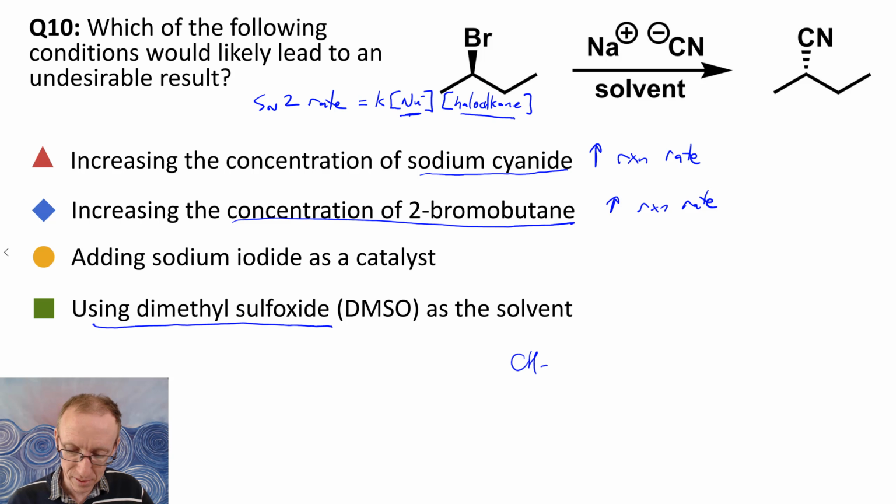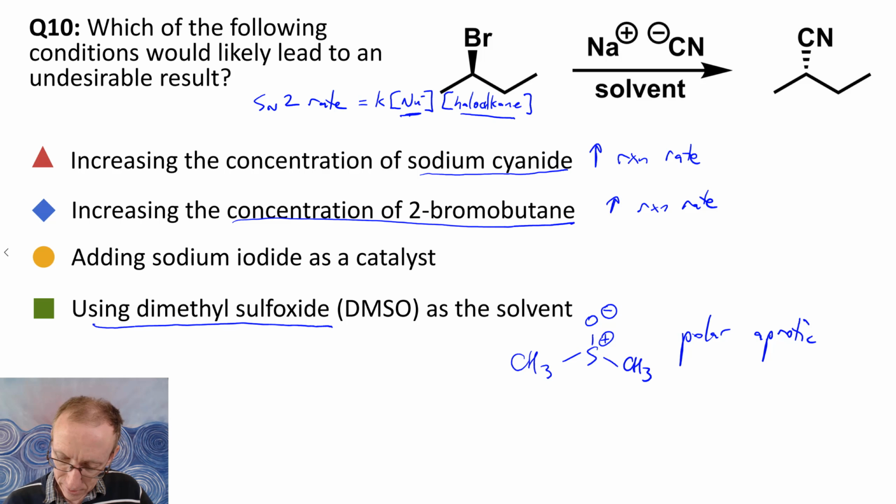We said that it is a polar aprotic solvent, like this, and as a polar aprotic solvent, it is good for SN2 reactions. In polar aprotic solvents, we can stabilize the partial charges that are being formed on the transition state, but we don't have hydrogen bond donors to stabilize the leaving group as it departs.